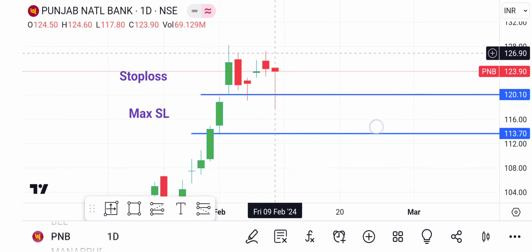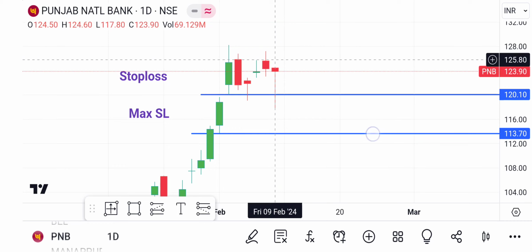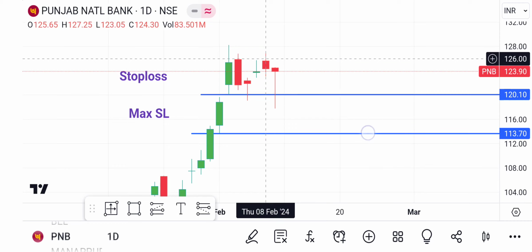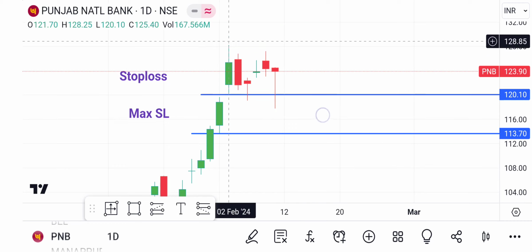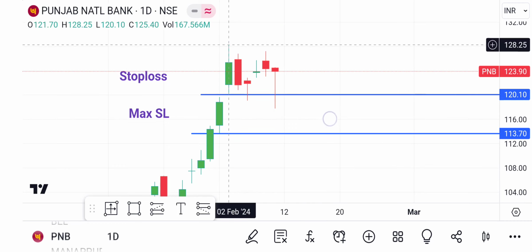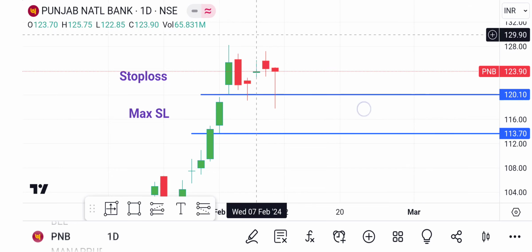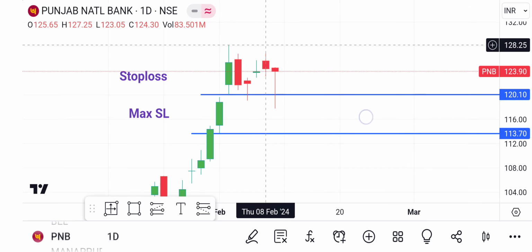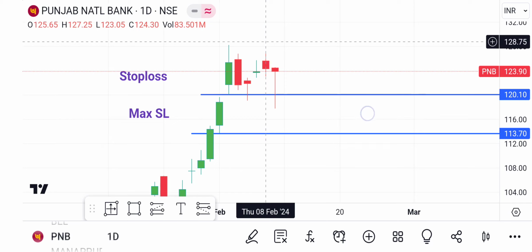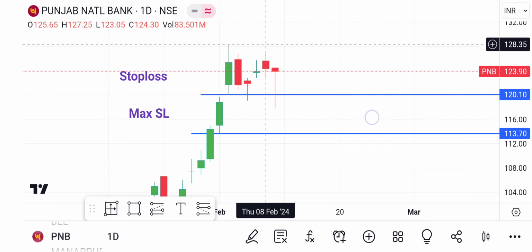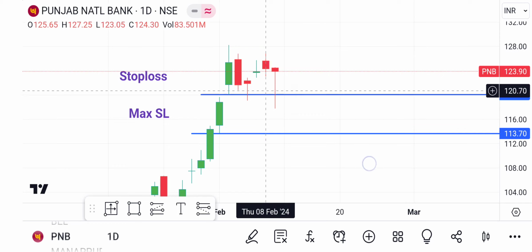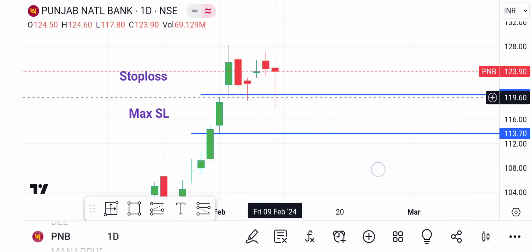Suppose you are trading with 10,000 rupees, you could either enter with 5,000 at this point here on the top, then wait for the market to retrace back down here and enter the remaining 5,000, and the stop loss would not change here. The stop loss would be 120.10.